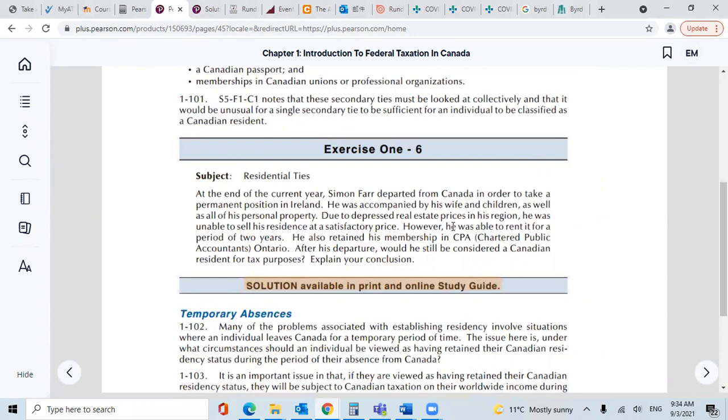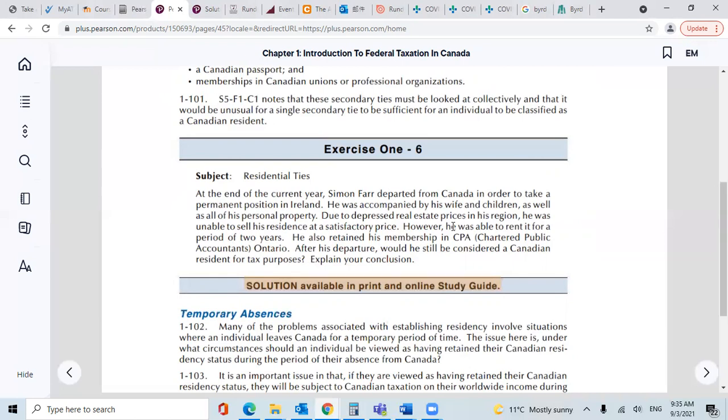Due to depressed real estate prices in his region, he was unable to sell his residence at a satisfactory price. However, he was able to rent it for a period of 2 years. He also retained his membership in the CPA in Ontario. After his departure, would he still be considered a Canadian resident for tax purposes?